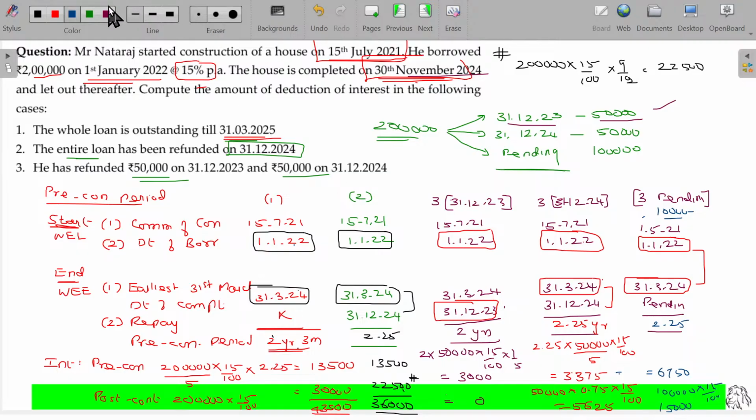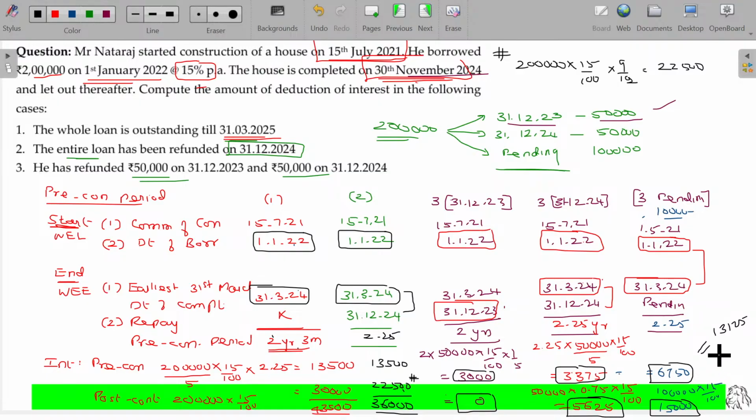Now overall pre-construction period interest for the year under third option being, add up the 3,000, 3,375 and 6,750. What's the total value? 13,125. What about the post-construction period interest? 5,625 and 15,000.